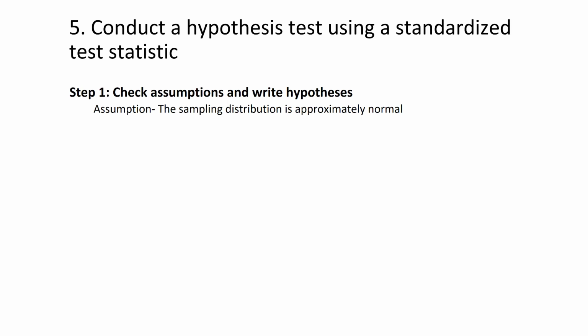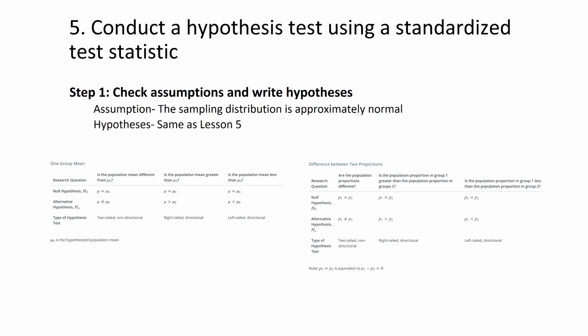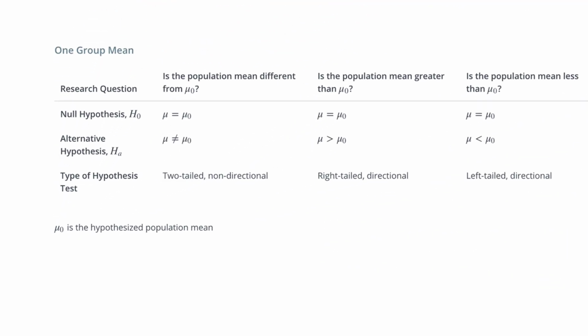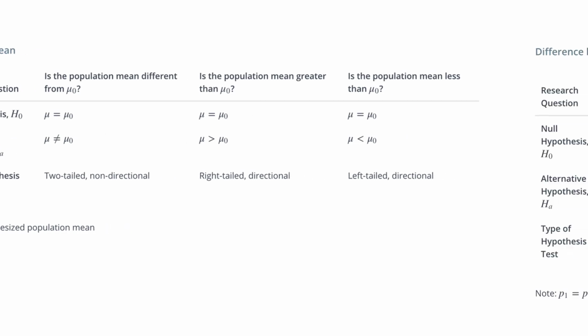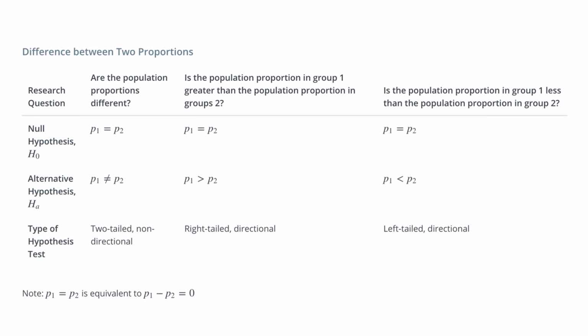But for now, we're just going to look at the sampling distribution and decide whether or not it's approximately normal. The hypotheses are going to be the same as those that we learned in Lesson 5. Recall these tables that we had with all the possible combinations of hypotheses. If you need a review, this is towards the beginning of Lesson 5 in the online notes.